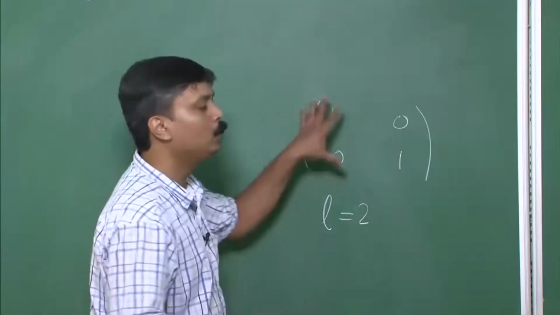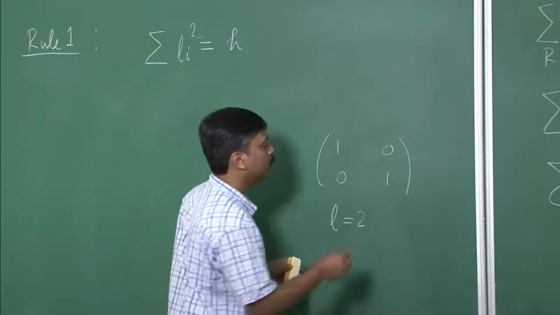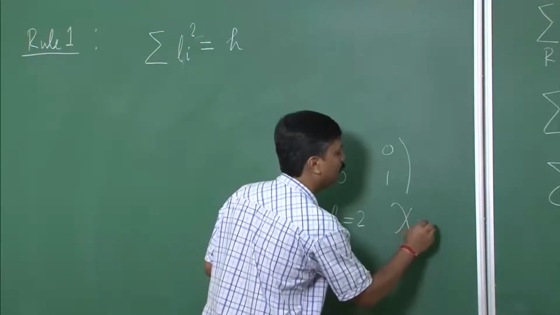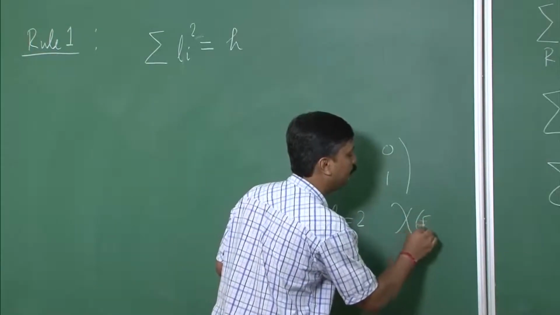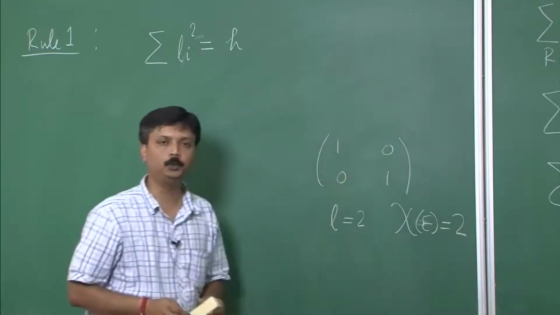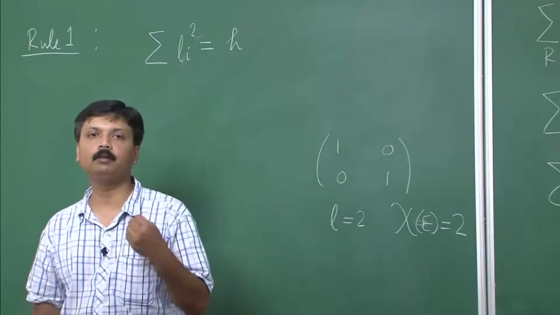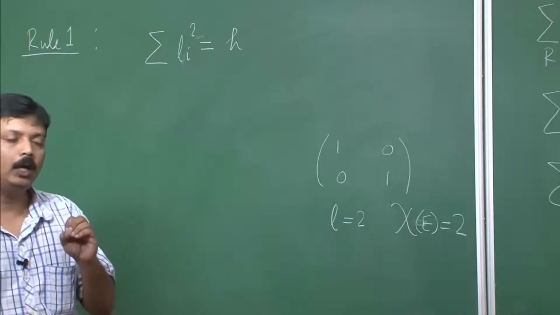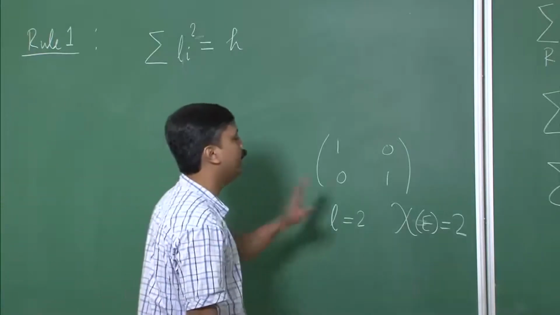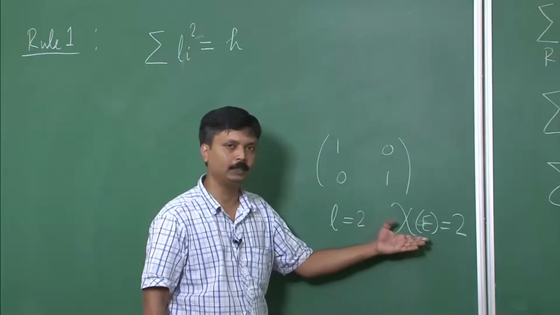Now if I look at the character under the identity operation, what will be the character here? Chi of E here is equal to 2, because 1 plus 1 equals 2. Therefore, if we want to figure out the dimension of any given irreducible representation, all I should do is look at the character of the identity operation for that representation.